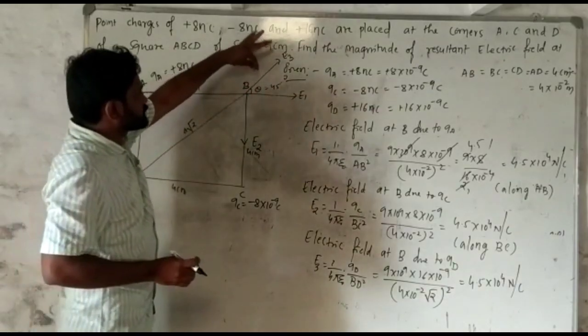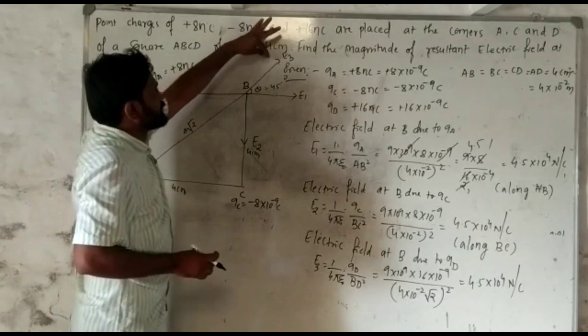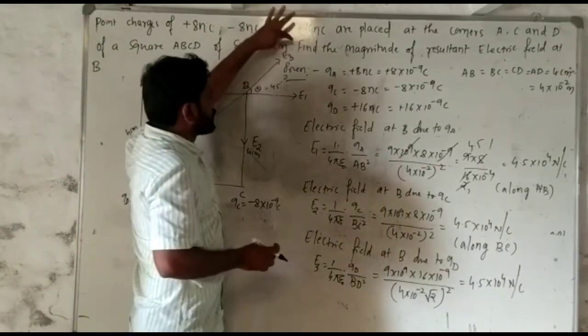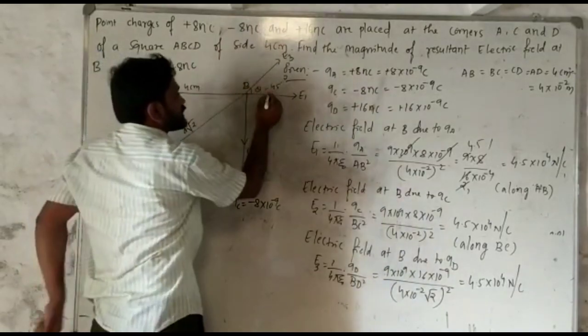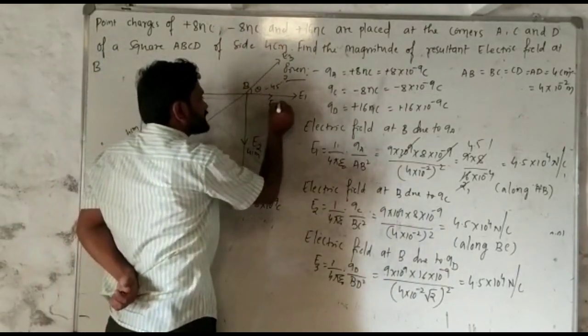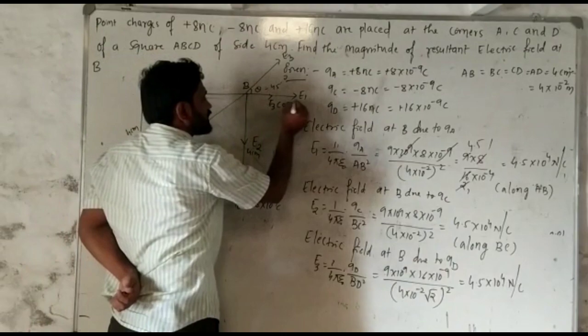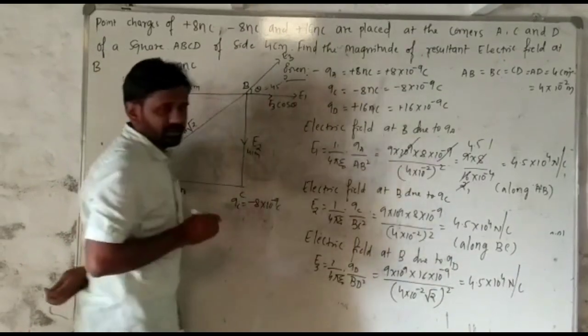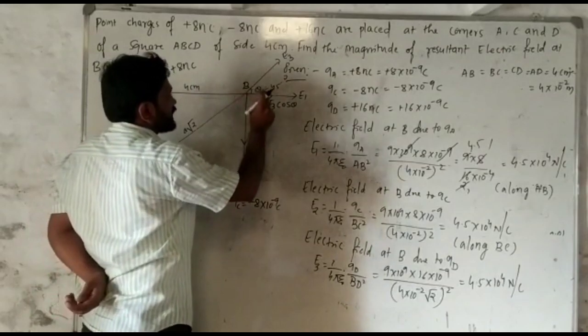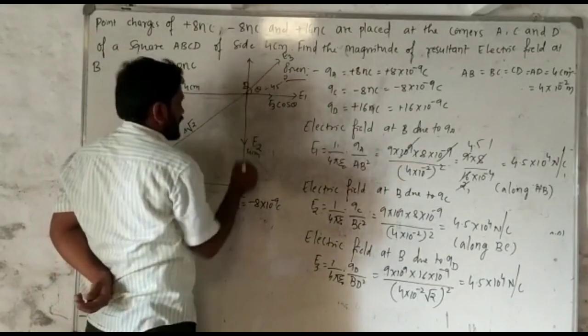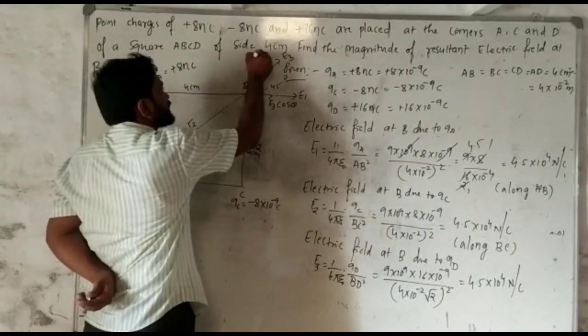This E3 is acting with some angle, that's why the E3 is resolved into two components: one, E3 cos theta along E1, and another one, E3 sin theta along CB.